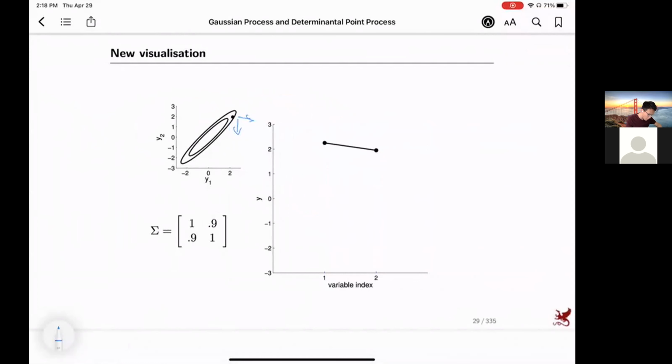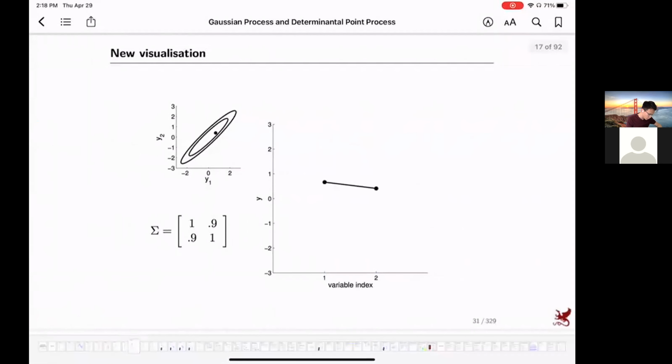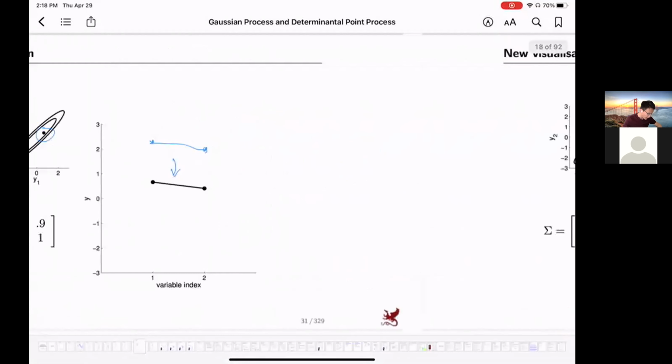So my y1 value gets a little bit bigger, my y2 gets a little bit smaller. I can draw another point where I move the point here, and then my visualization has also shifted down. It used to look like this. And then I can keep going.